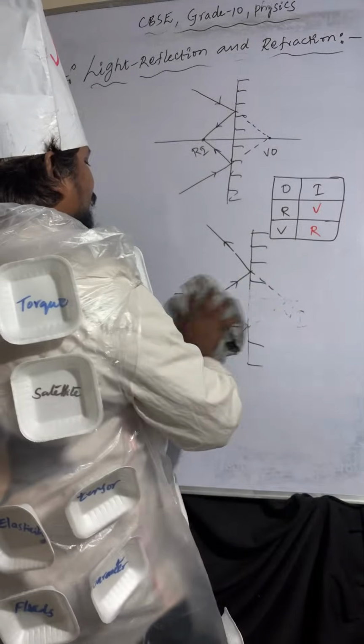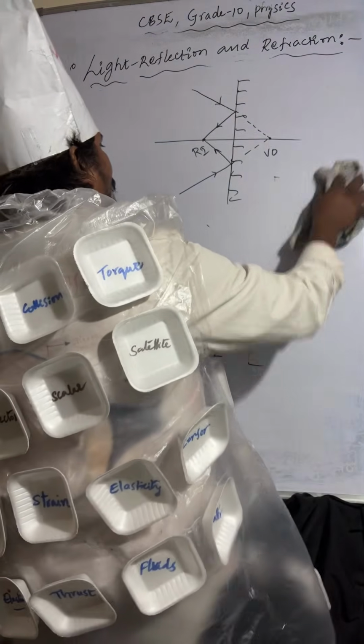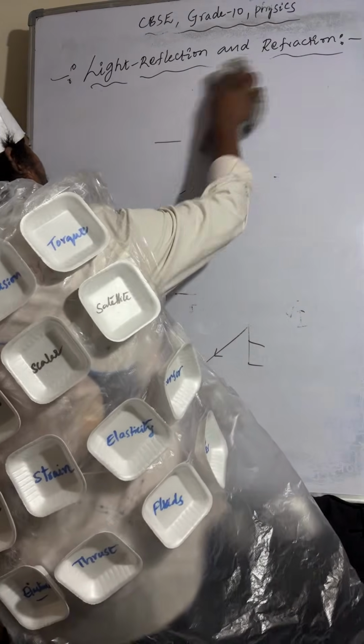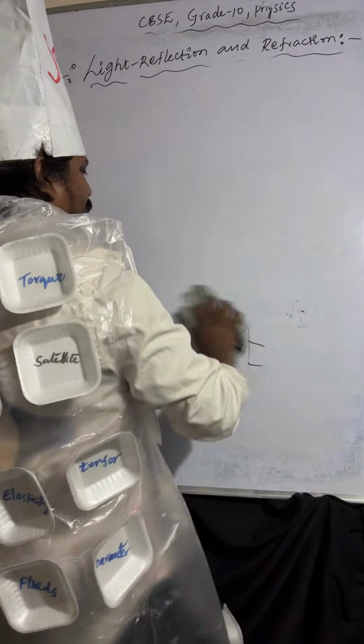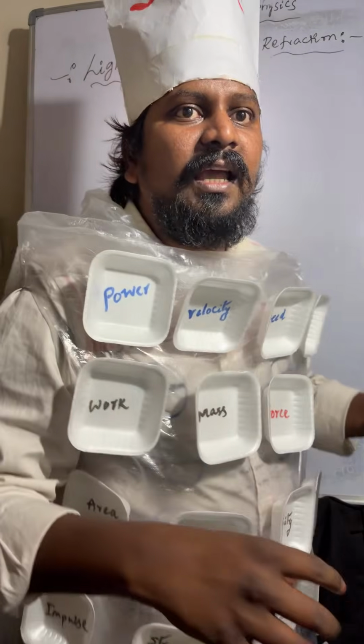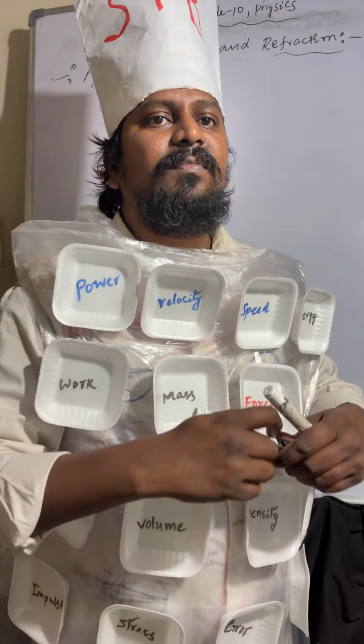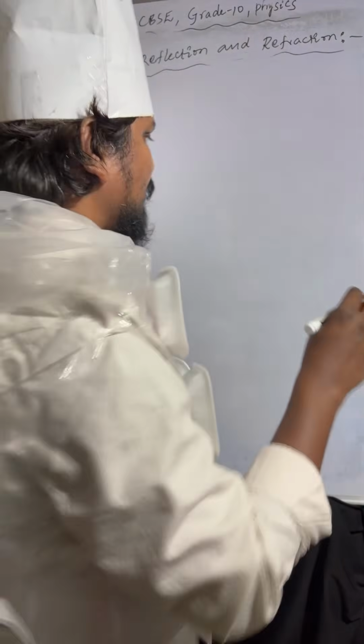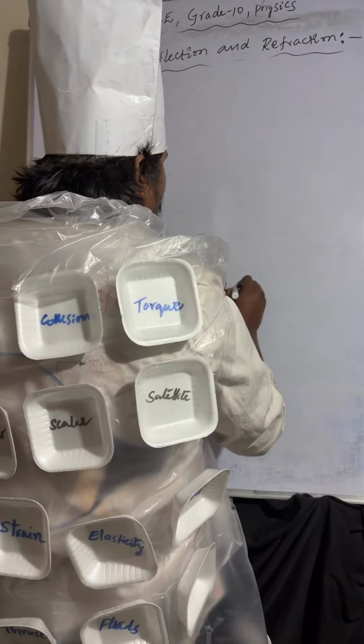Next one, plane mirror. I will ask questions. If you know the answer, you can let me know. What is the magnification of the plane mirror? I will ask two questions.